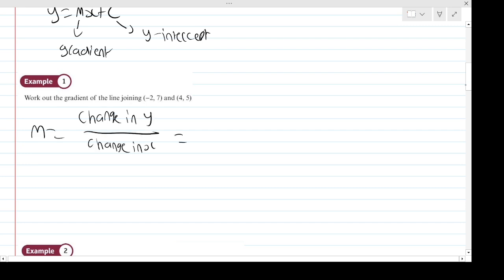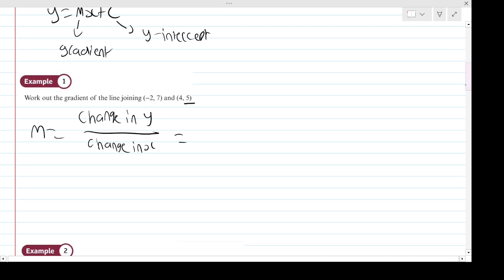So again, change in y, that's the difference in the y coordinates. Now I tend to do the second point first. I guess, for me, it's more logical and clear in my mind, but it's up to you. But we need to pick one coordinate. I'm going to pick the (4, 5), and that'll be the coordinate you're going to start with.